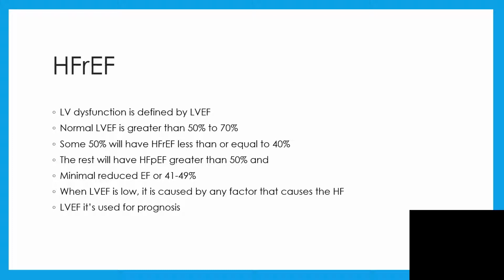Mildly reduced ejection fraction is found in some people with heart failure, and that means their value will be between 41 and 49%. When the left ventricular ejection fraction is low, it is caused by any factor that causes heart failure.